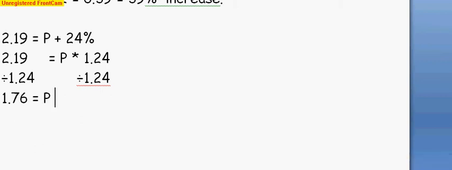So 1.76 equals P. The price is 1.76. This is the wholesale price, the original price. So when you get this price and you add 24%, you get the new price, $2.19.